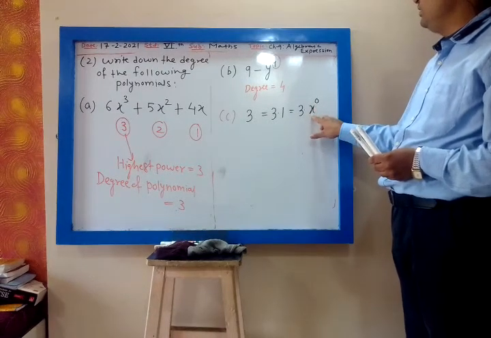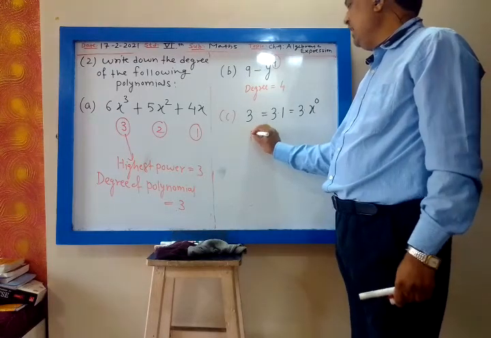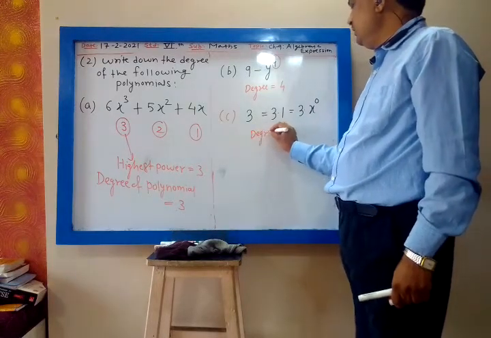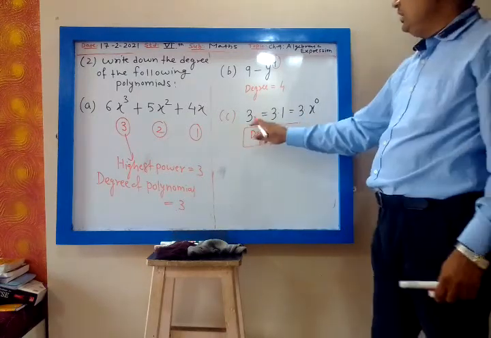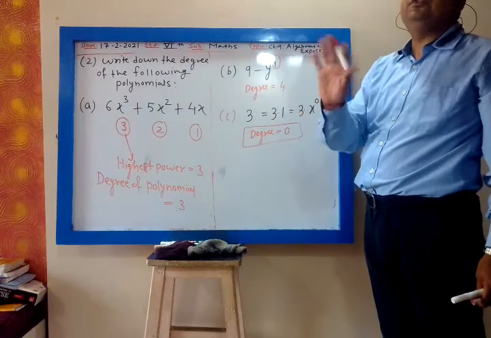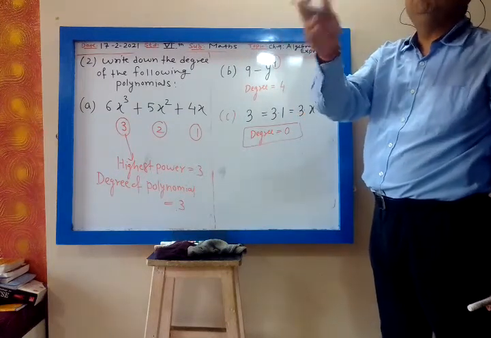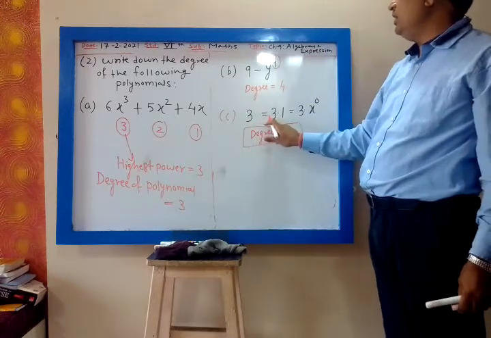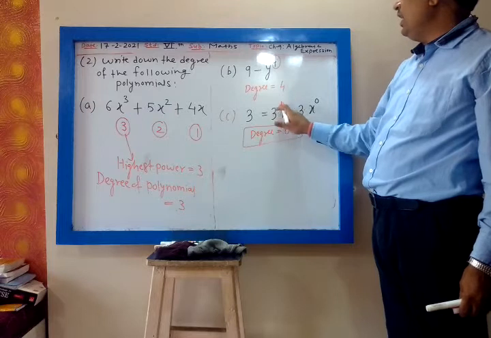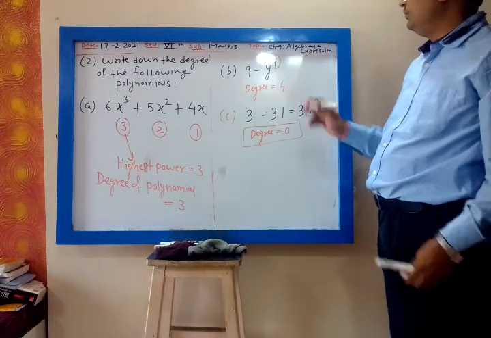What is the power of x? 0. So the degree is 0. 3 is a constant. There is no variable. Whenever there is no variable, its degree is 0. Because 3 I can write as 3 into 1, and then 1 I can write as x raised to 0. What is the power? 0.